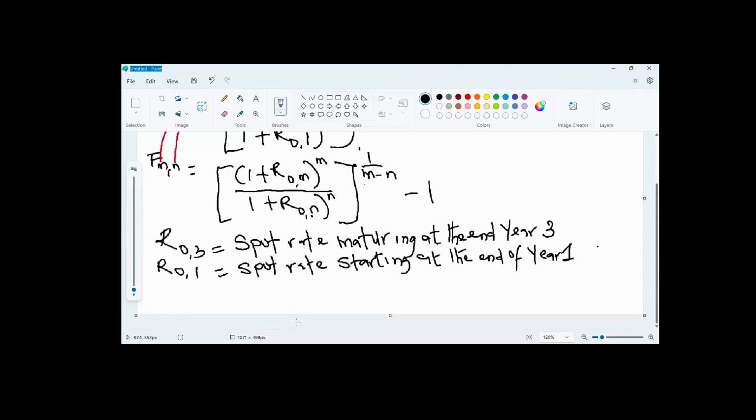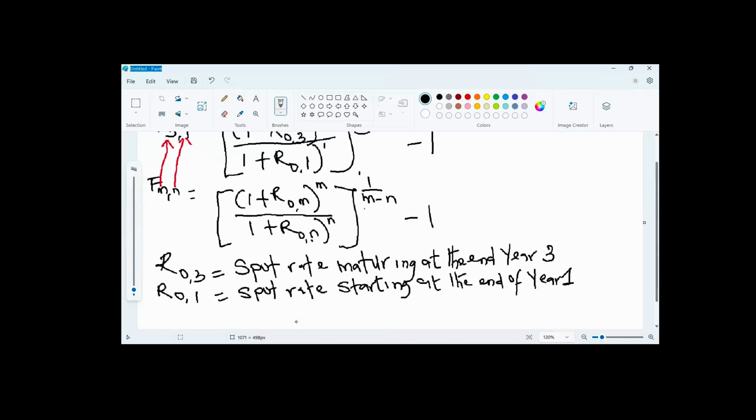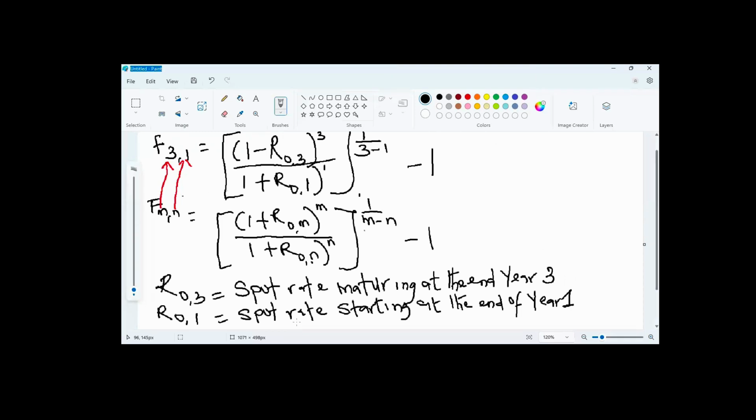Two years forward rate at the end of year 1, that is, at the end of year 1, two years later, year 2, year 3. This is written as you see here. I can compute this now.